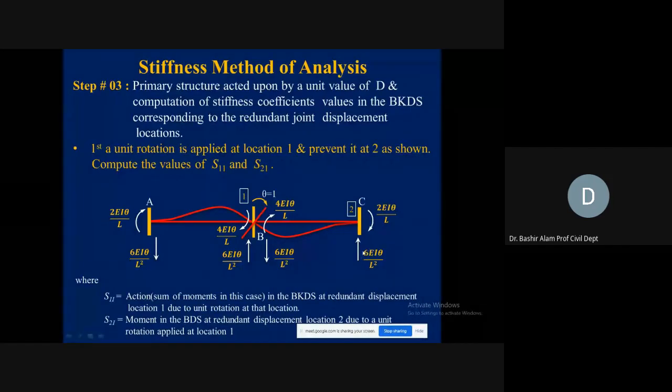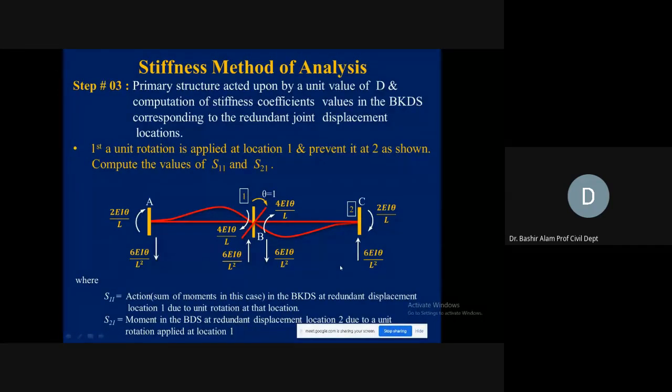From where this 6 is coming, it is because of the unbalanced moment addition, 4 plus 2. So 6EI theta divided by L is the unbalanced moment. How do we find this force? Divided by L, because a moment is going to be balanced by a moment. So what is the moment of this couple? It will be the force multiplied by this distance, which is L. So again, you can find these reactions.